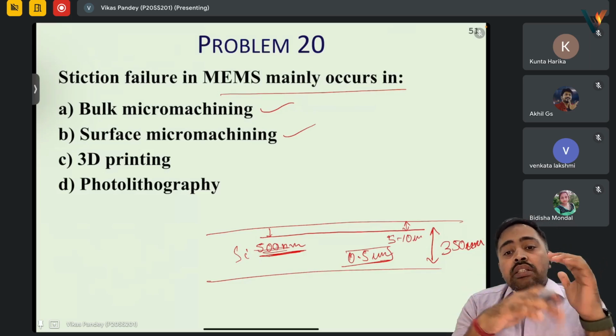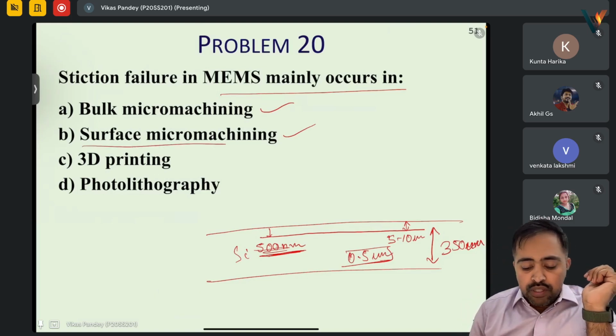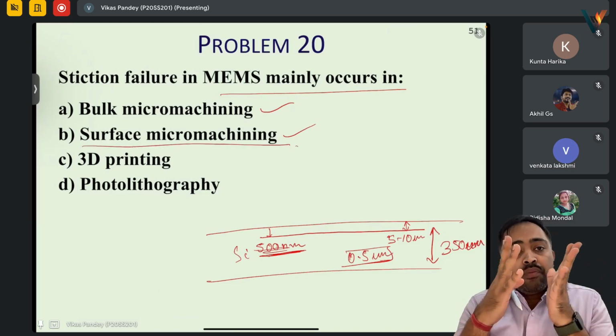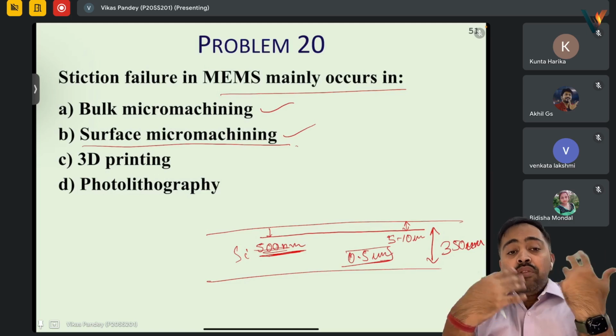So most of the things occur on the top surface only. This is called surface micromachining, where structures are made on the surface only.